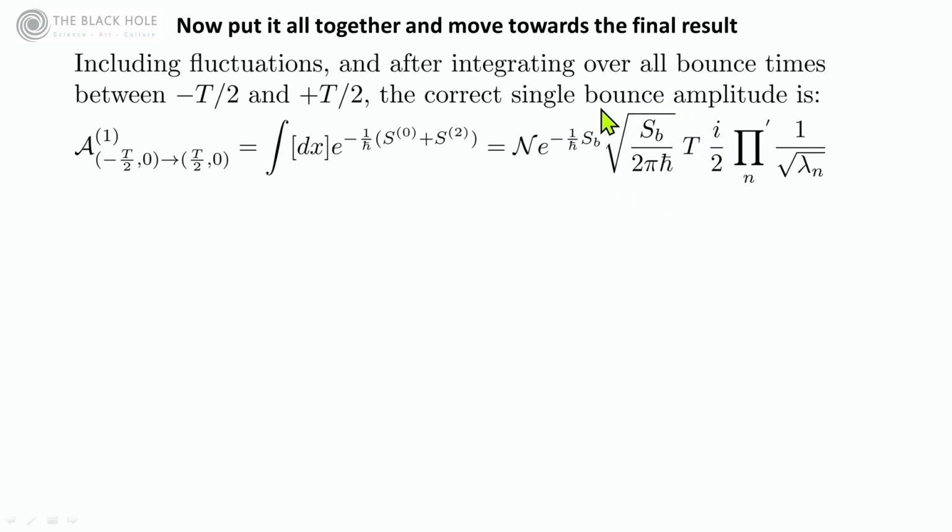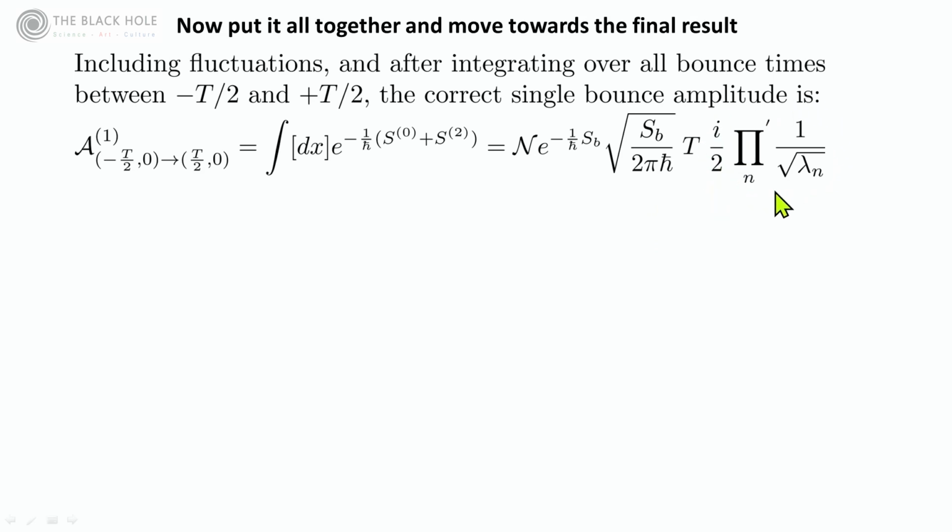This stuff over here, you will remember from the last lecture, is just the time translational stuff. Since the bounce could happen any time between minus T over 2 and plus T over 2, that means we have to integrate over all times, and that gives the factor of T. And this is, of course, the thing that we did last time, the measure, which comes out right. I over 2, you just saw how that comes through.